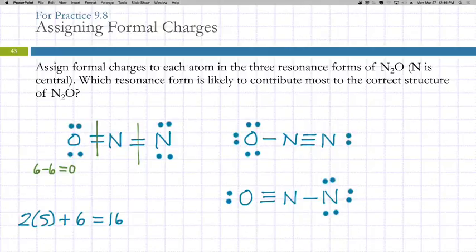How many does nitrogen have by itself? 5 coming in, and when the organization breaks up, it has 4. So that's plus 1. And this nitrogen on the end also started out with 5. When things break up, he has 6. So this one's a negative 1. I'm showing you how these are calculated down here, but we're going to learn how to do that in our heads. So this one's 0, this one's positive 1, and this one's negative 1.